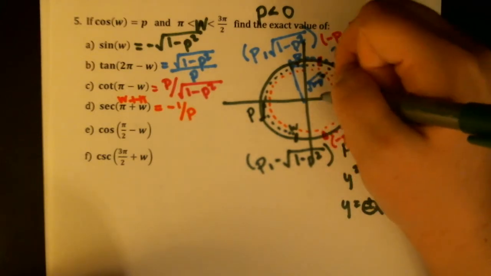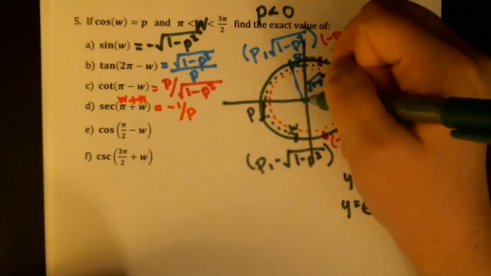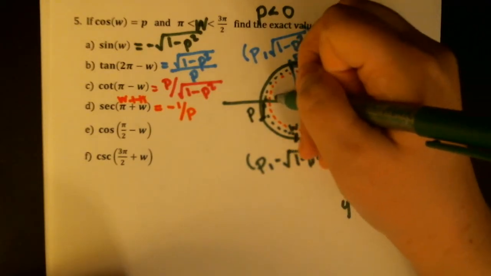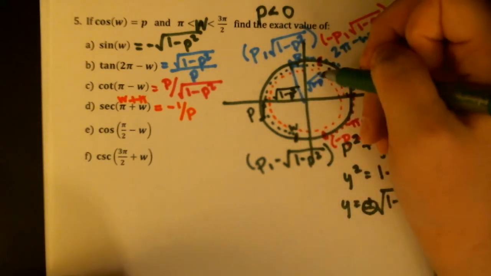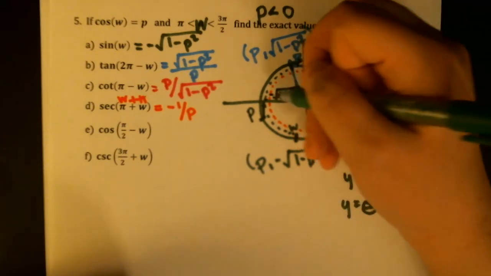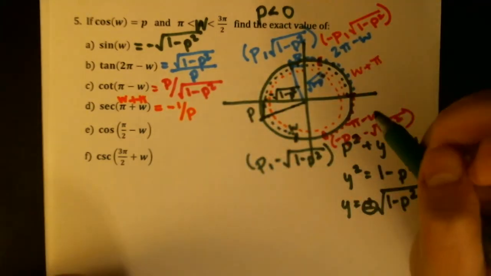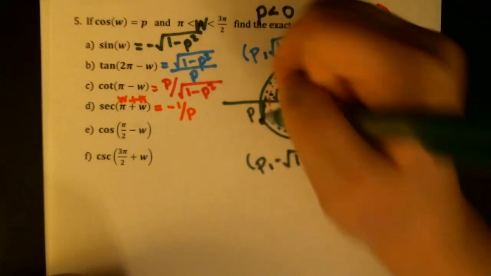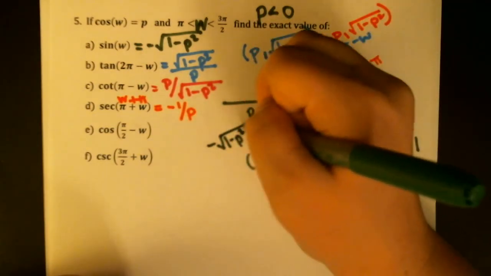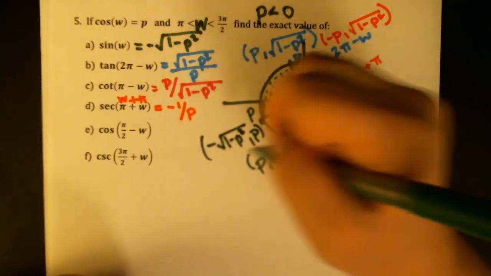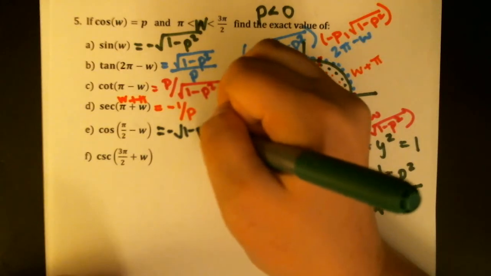The square root of 1 minus p squared rotates around and becomes the x side, except that it was a positive y value, it becomes a negative x value. So here's our little triangle, rotated a quarter of the way around. So this point is negative square root of 1 minus p squared, p. We were looking for cosine, so that's just negative square root of 1 minus p squared.